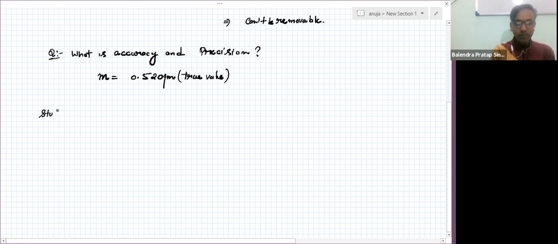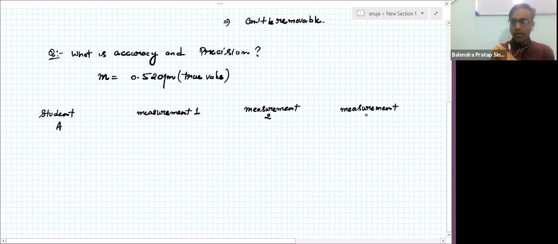Suppose student A takes some measurements: measurement 1, measurement 2, and measurement 3. Suppose the student takes the first measurement and gets a value of 0.52 gram.